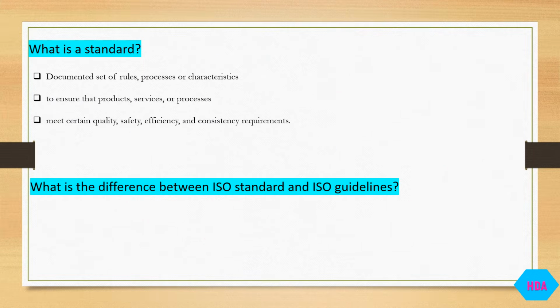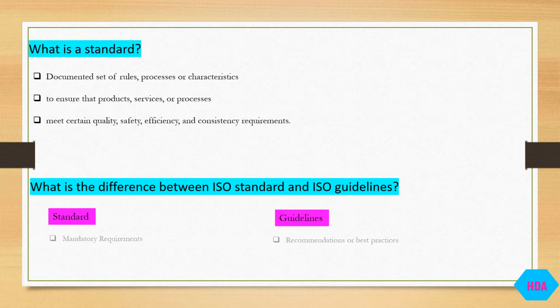Now let us understand what is the difference between an ISO standard and ISO guidelines. A standard provides certain requirements that are mandatory to be implemented, whereas guidelines are recommendations or best practices. An organization may adopt only part of the guidelines. If an organization implements all the requirements of the standard, then they can be certified for that particular standard by an accredited body.